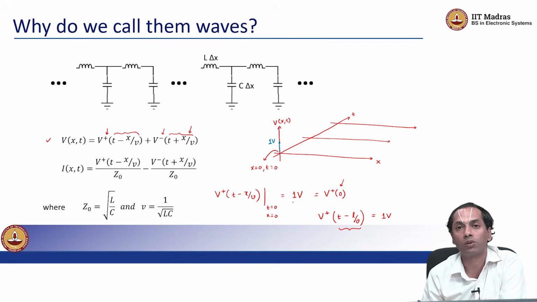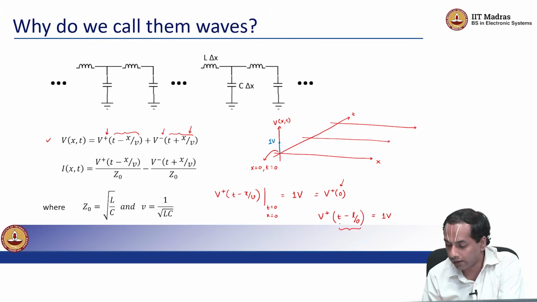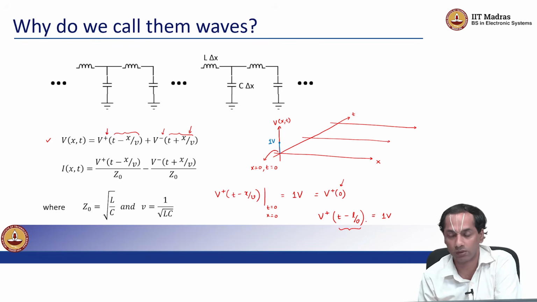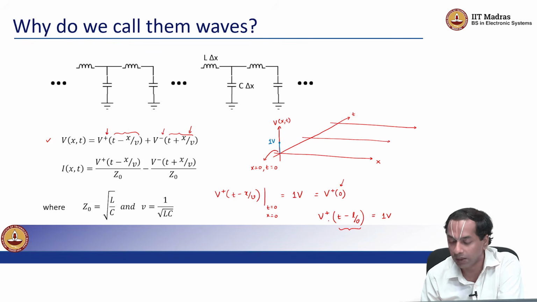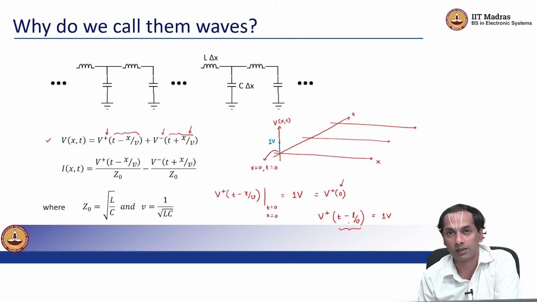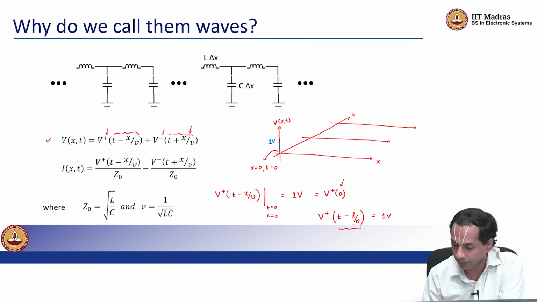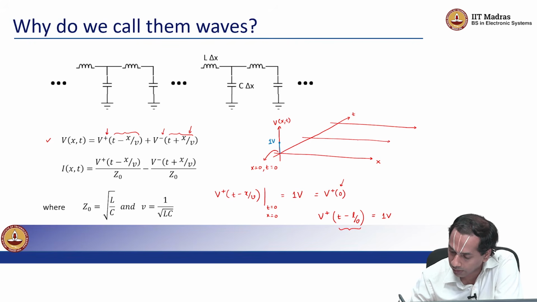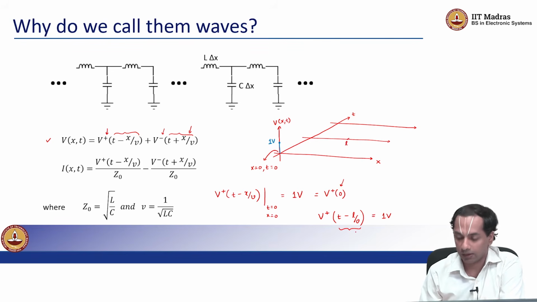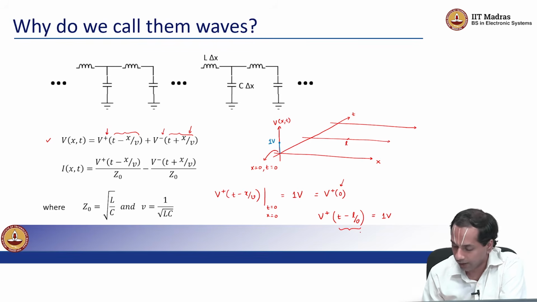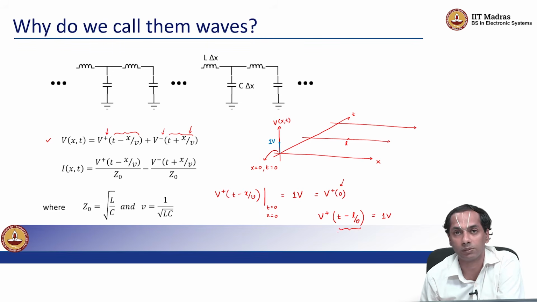So if I want this 1 volt to appear elsewhere, I would need the argument of V plus, which is t minus x by v, to go to 0 at some other time for a different location. So for a positive location L, this 1 volt will appear at the position L when the argument of this function becomes 0.